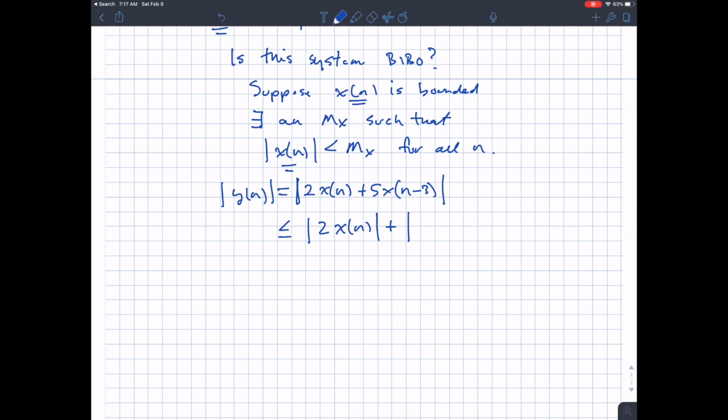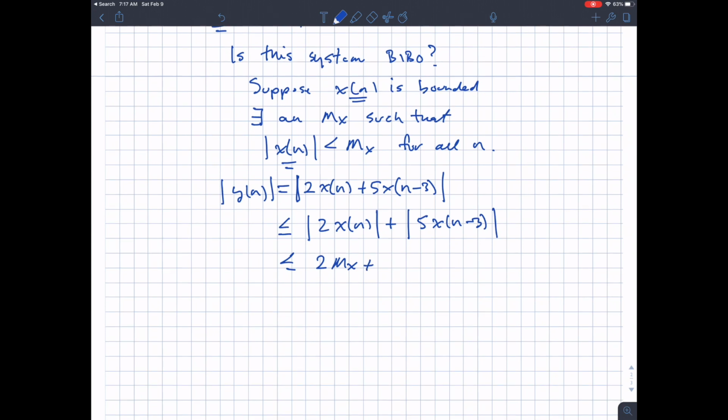The 5 and the 2 can come out, but it doesn't matter. So that's less than or equal to 2mx plus 5mx, because mx is the bound on x, which is equal to 7mx.